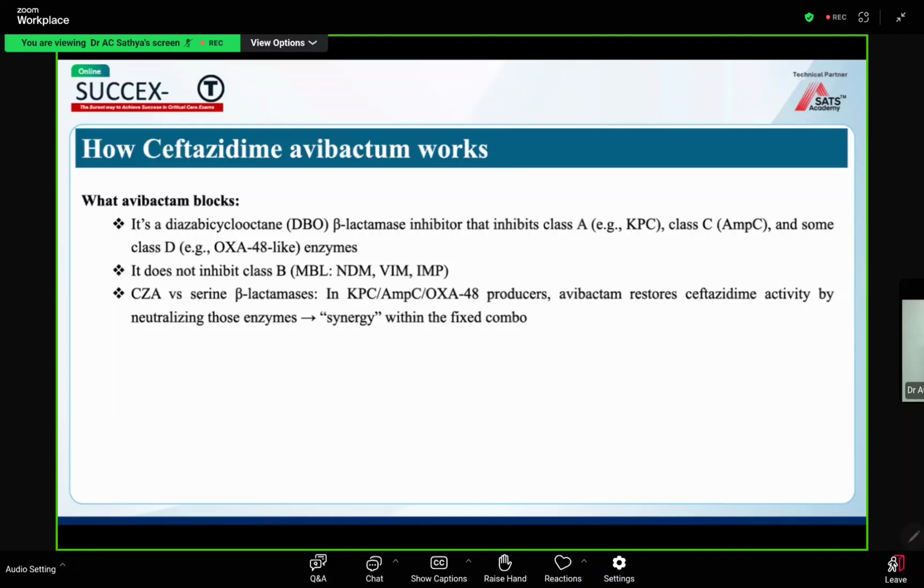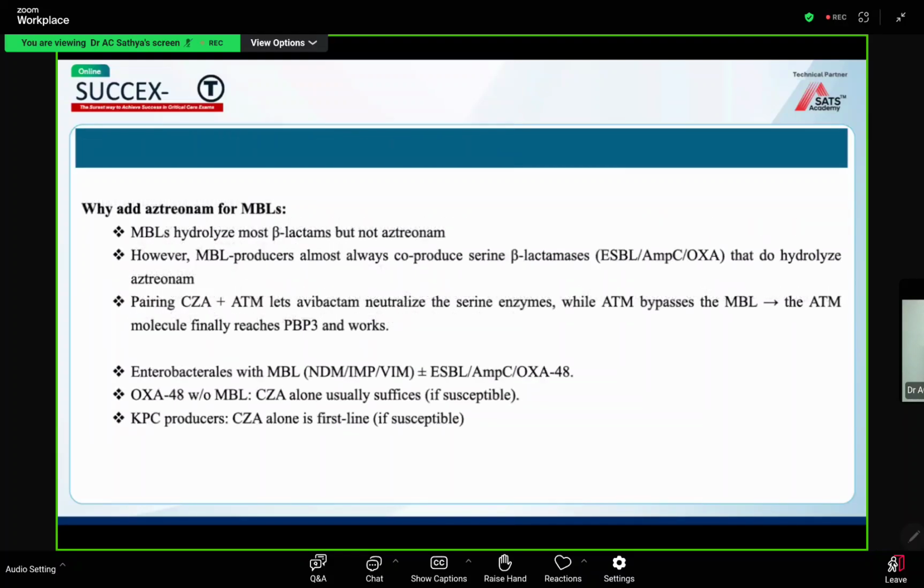Why should it be used along with aztreonam? Aztreonam is the molecule which actually acts against the MBL. Why should we add both together? Because the organisms which usually express MBLs also co-express other enzymes, other serine proteases. To act against them, avibactam is essential. So the two essential molecules are aztreonam and avibactam, and ceftazidime is just an innocent bystander in this combination.